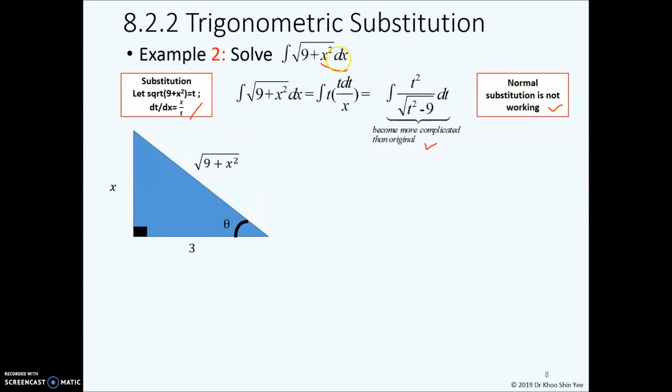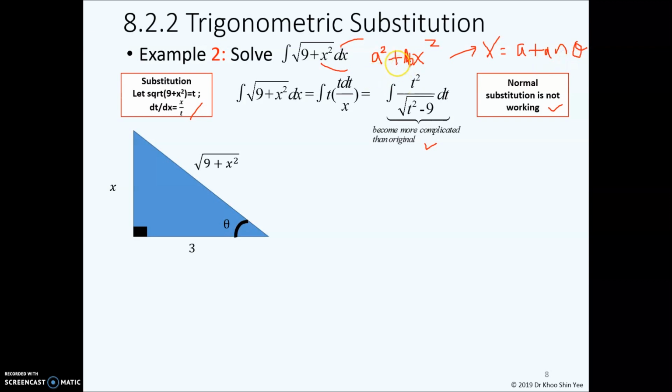If you find this case, we can see that there is another pattern, which is a squared plus b squared. Let b be x, so we have a squared plus x squared here. If you see a relationship like this, your substitution x can be equal to a tangent angle.